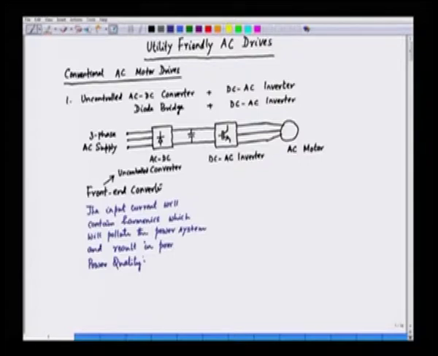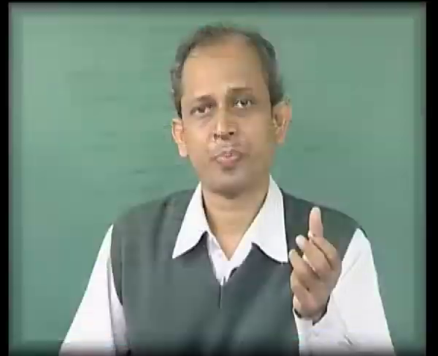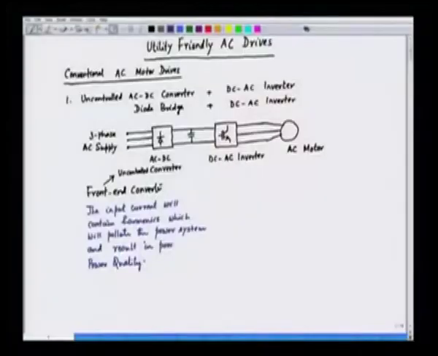If we try to see the input current of a typical 6 pulse diode bridge rectifier, we will see that the input current contains harmonics, and the harmonics will be of this nature. We have the input current here.